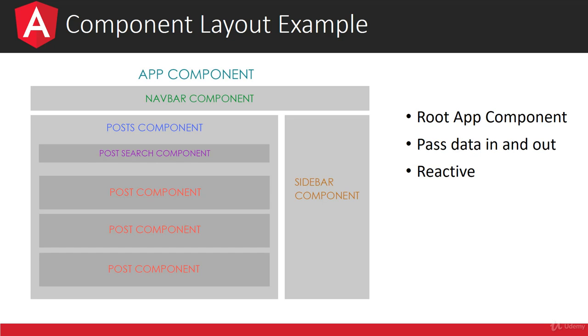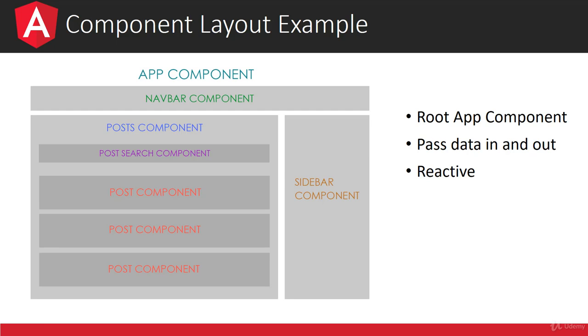So here's an example of what a very simple website or application may look like and how we could break things up into components. Most Angular applications will have something called a root app component, and all of the components that we create will be nested inside of that root component. If we look at this image, we have a navbar and a sidebar component.